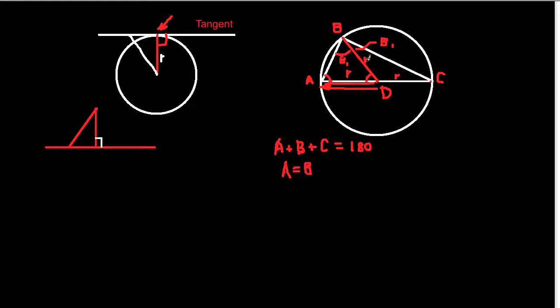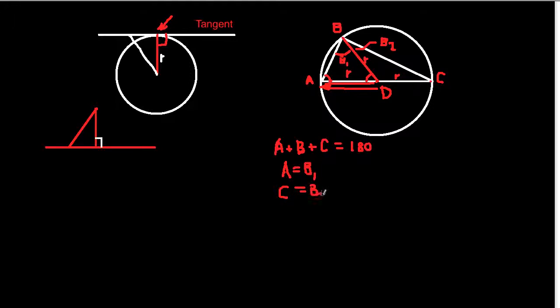Now up here I have another isosceles triangle. I have this line here R and this line here R. So it tells me that this angle, which is B2 by the way, and this angle, which is B1, means angle B2 is equal to angle C. So I have A is equal to B1 and C is equal to B2.